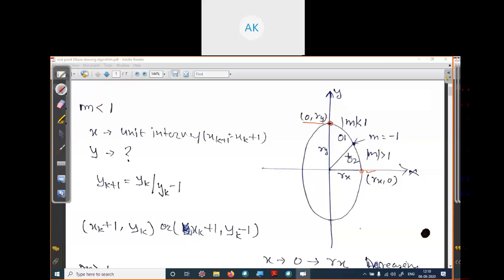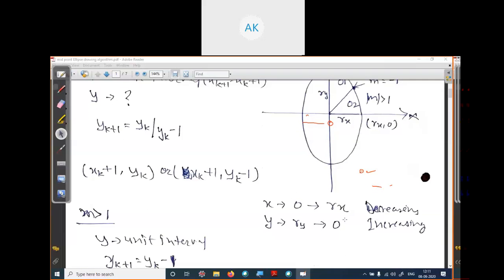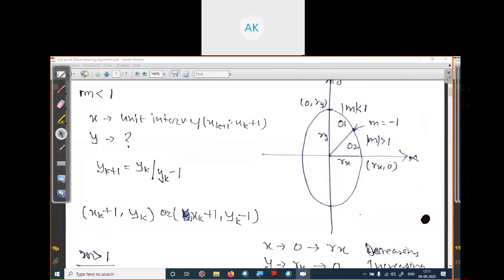We have divided our region into two parts based on slope. Initially x is 0, and at the last x will be rx, so x is increasing, and y is initially ry and at the last it will be 0, so y is decreasing. So we have to find the value where the slope is less than 1.